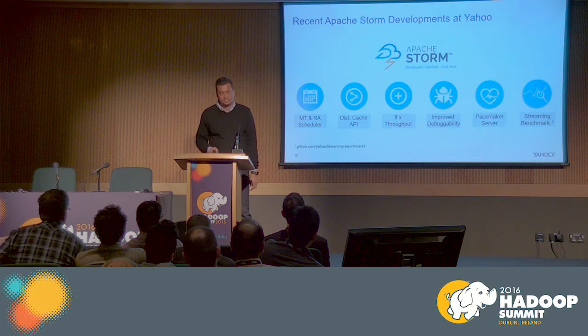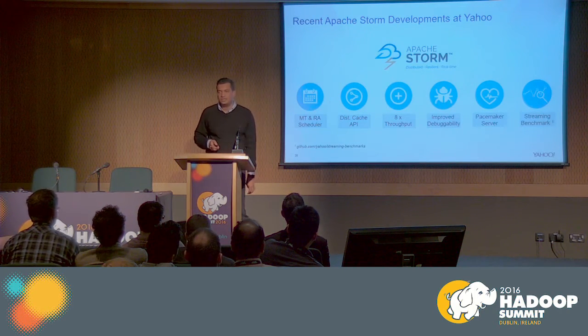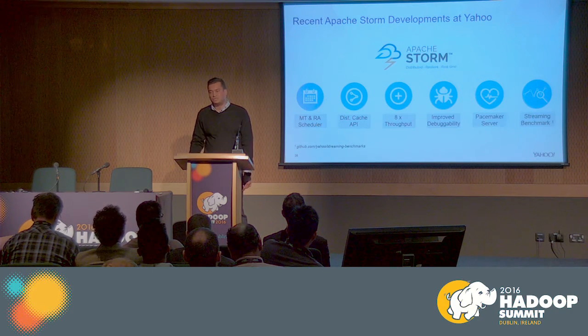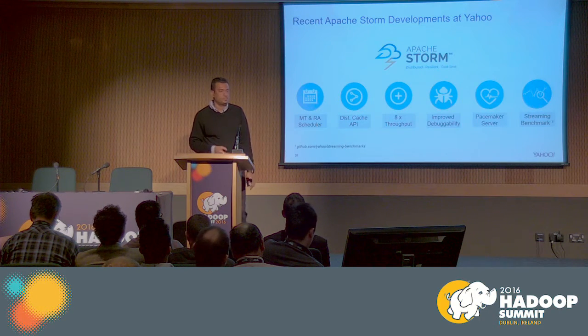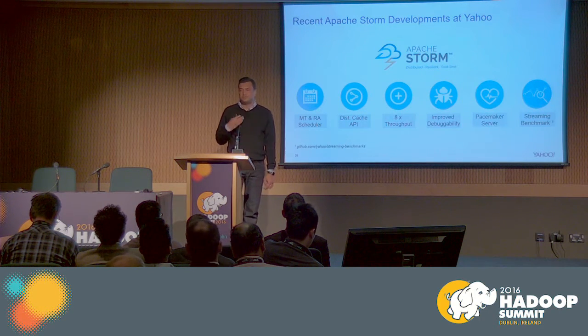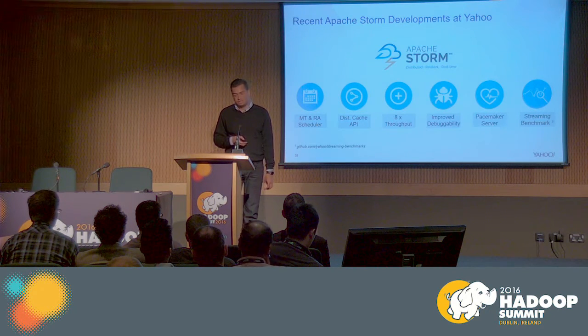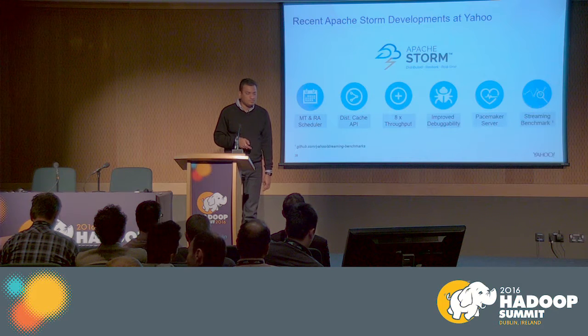It was just released with Storm 1 a few days ago. The resource-aware scheduler gives you guarantees on network, on disk, on memory. So you can actually specify the resources your topologies want to use. That's probably the most flexible way, much like YARN operates, to allocate resources to topologies.